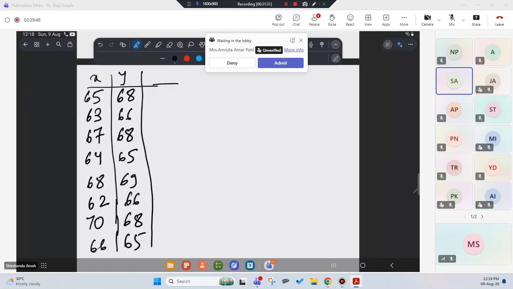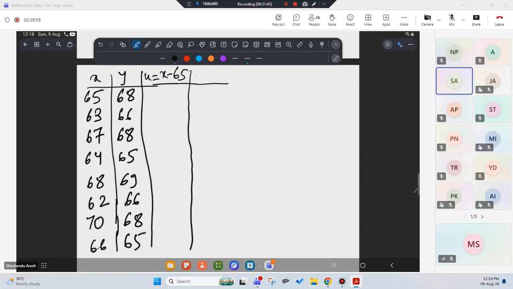So say making u, that is x minus 65. Now these numbers are not any universal numbers. You can choose as per the given numbers. This I'm putting as minus 67. That particular number may not come from exactly these numbers. See, for x, 65 is there, but for y, 67 is nowhere there. But from the empirical way, you can find out which number.